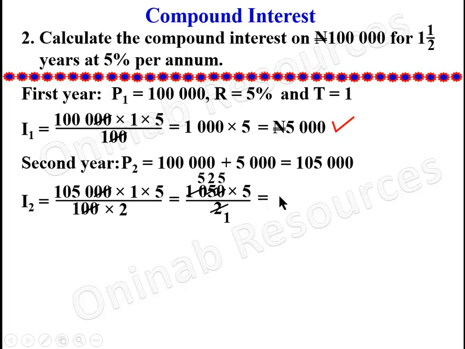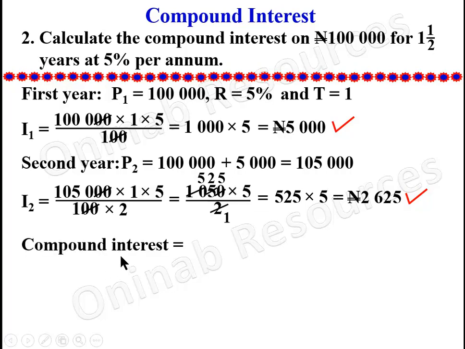I now have 525 times 5. 5 times 5 is 25. I will write 5 carry 2. 5 times 2 is 10 plus 2, that's 12. You write 2 carry 1. 5 times 5 is 25 plus 1, making 26. So our interest in the second year, which is half year, will be 2,625 naira. That gives the interest in the second year.